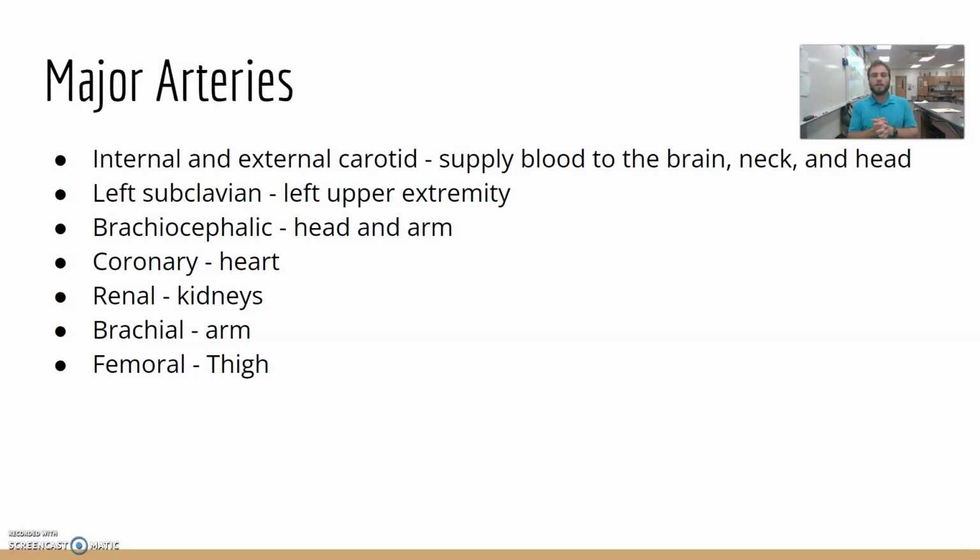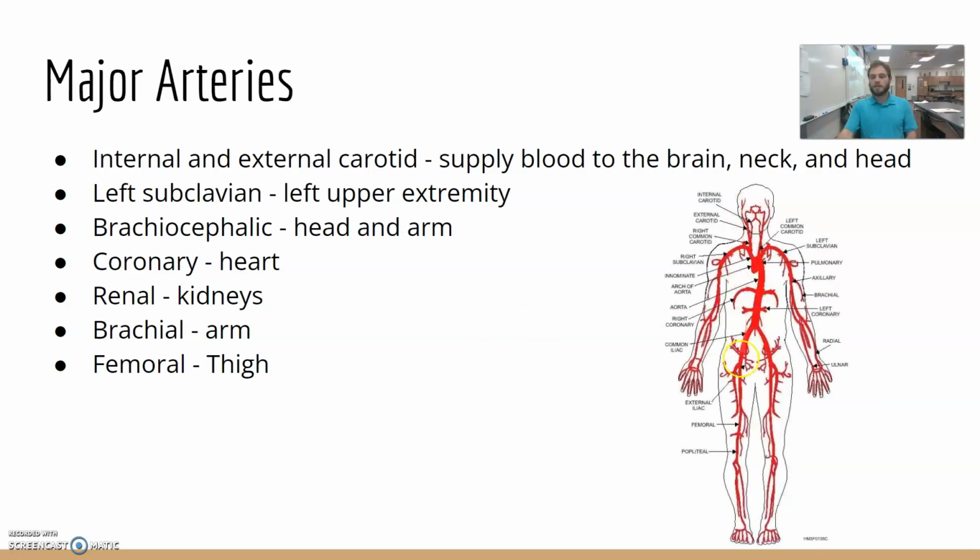This is one of the major ones that you don't want to sever, but can be severed in things like car accidents. And you can see some of the branches here: the subclavian arteries, those brachial arteries coming off, external and internal carotid, all the way down to femoral, and some others that you can see there.